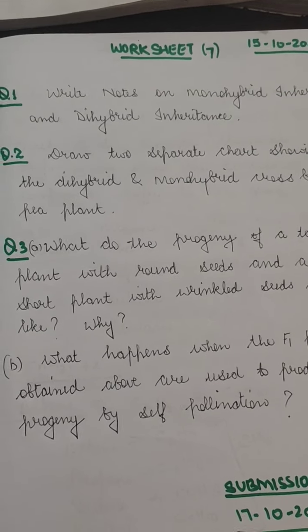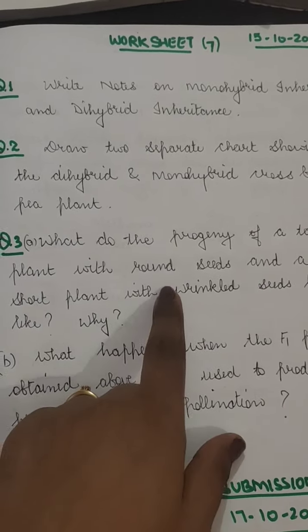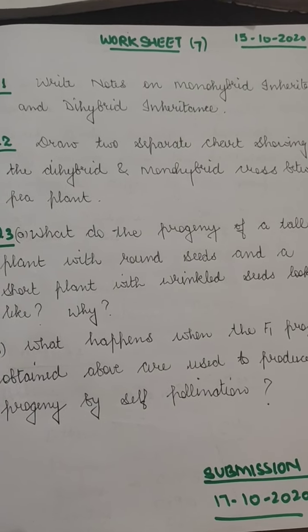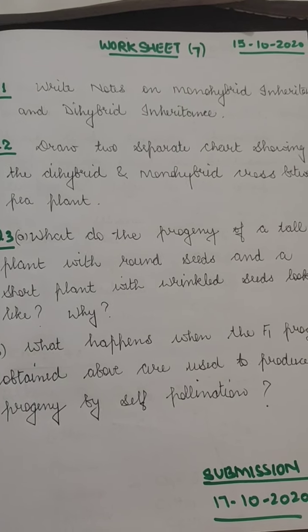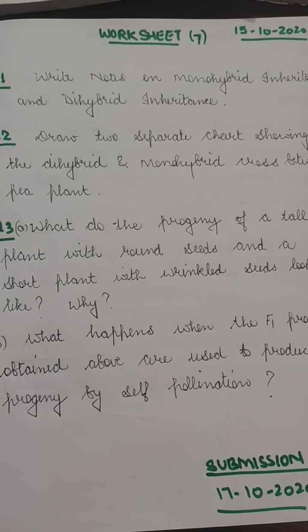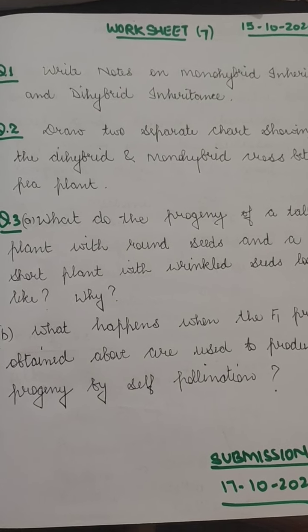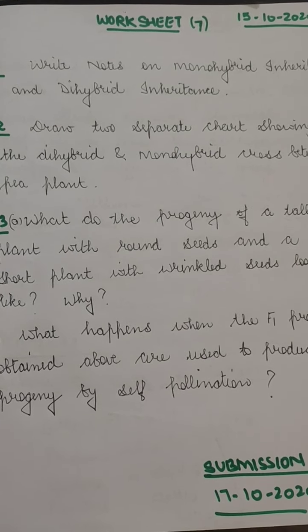The tall plant, tallness is a dominant trait, with a round seed, and round shape is also a dominant trait. So obviously for the first generation, the short dwarf trait and the wrinkled trait are in the recessive form, so they will not be seen.